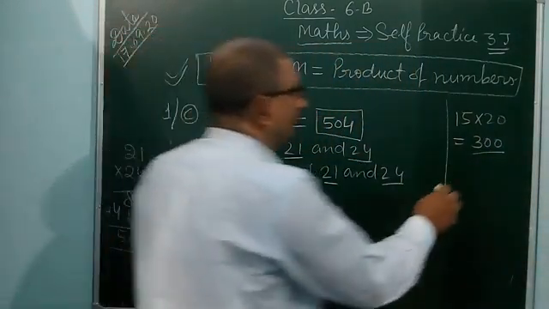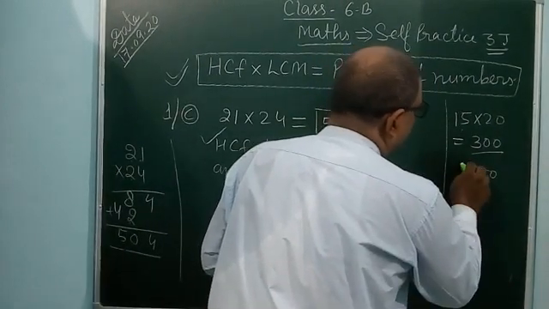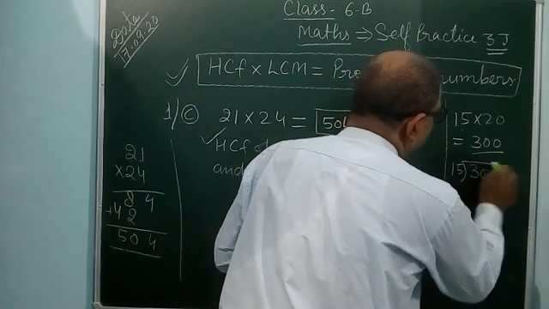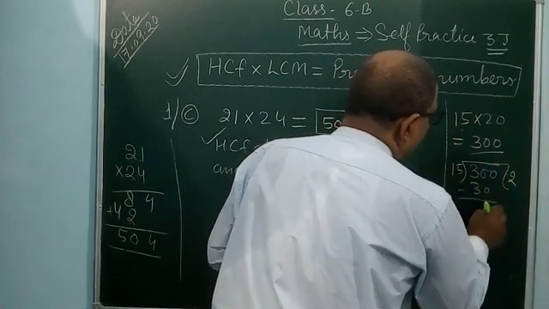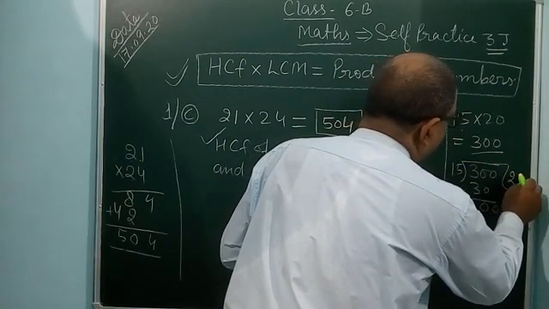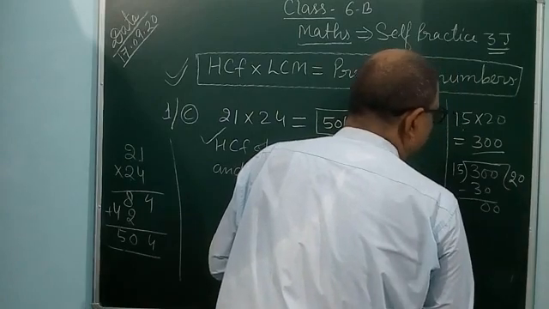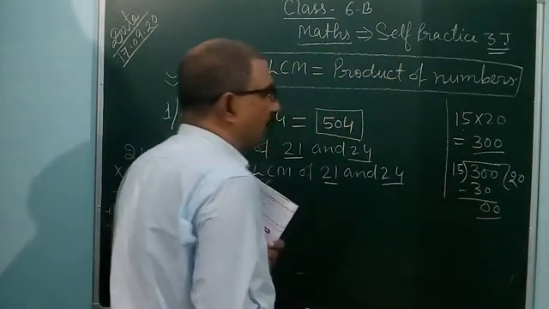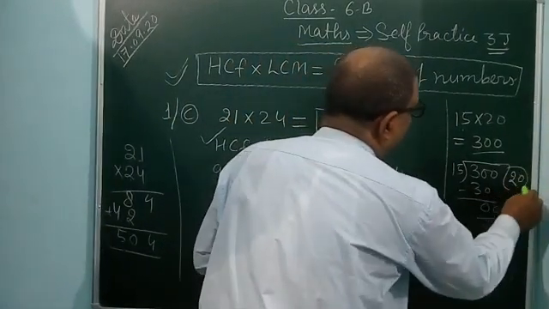If you divide 300 by 15, 15 into 30, 0 here and 0 here, you get 20.